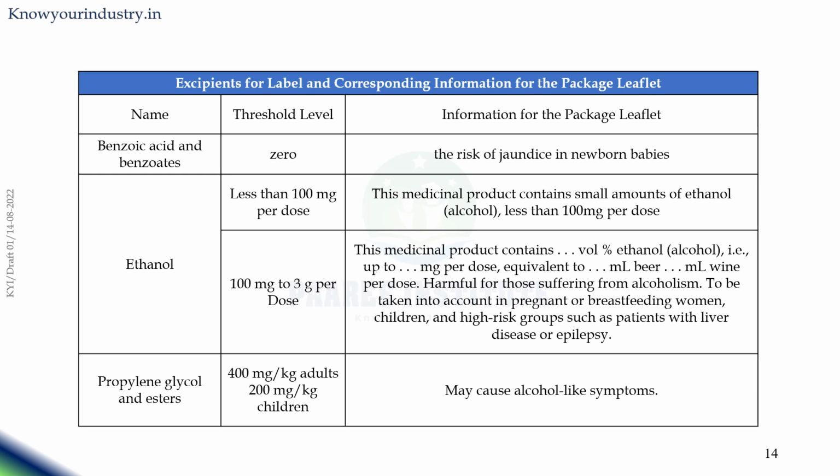If ethanol is used between 100 mg to 3 gram per dose, the medicinal product contains a volume percentage of ethanol, that is up to a stated mg per dose, equivalent to a stated ml of beer or wine per dose. Harmful for those suffering from alcoholism, to be taken into account in pregnant or breastfeeding women, children and high-risk groups such as patients with liver disease or epilepsy.